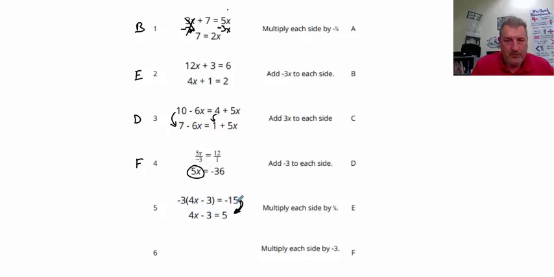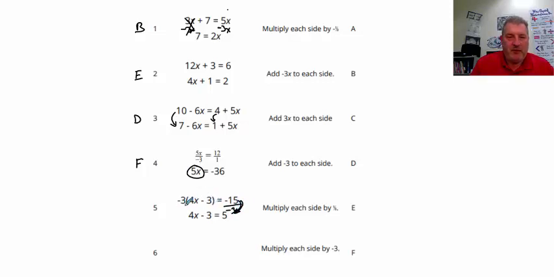Well, negative 15, if we add 20, we would get to 5, but it doesn't look like we're adding 20 on this side. So maybe we're dividing. Maybe we're dividing by what number would give us 5? If we divide 15 by 3, that would give us 5. So we'd have to divide by a negative 3 though, right? Because a negative divided by a negative gives us a positive 5.